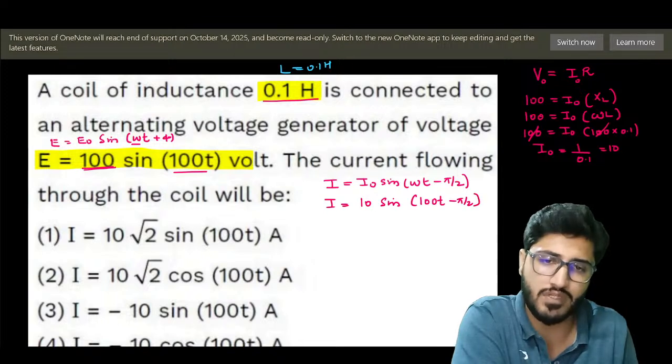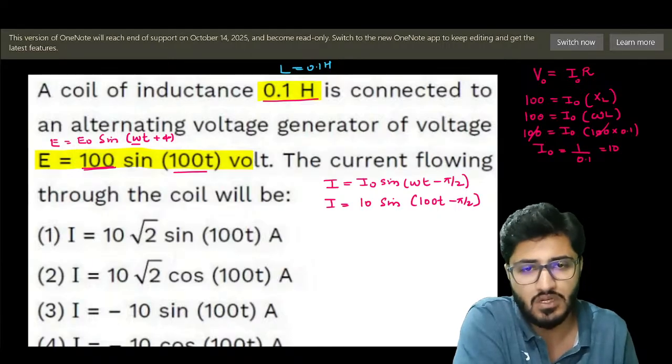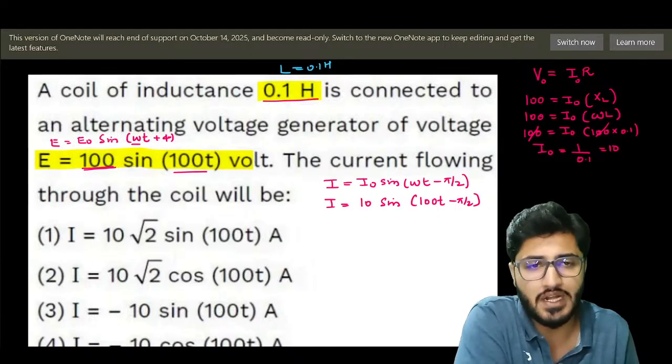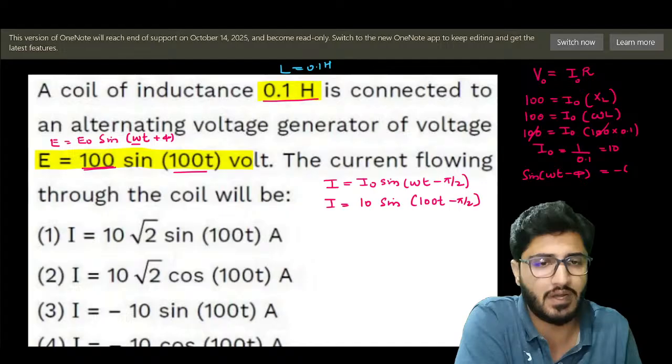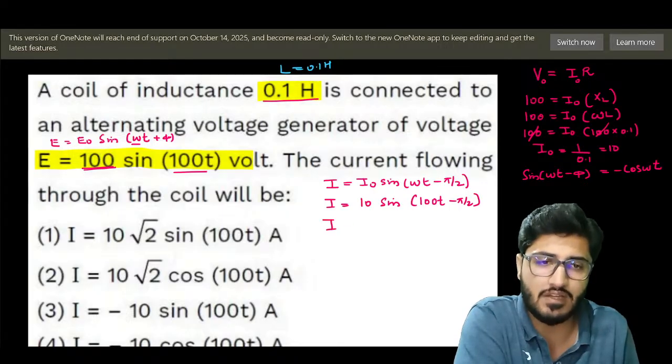Is there any option about this one? 100t minus... no. So look now. I can also write it as, we know that sine omega t minus phi equals minus cos omega t. So I will write this equation as I equals minus I naught cos 100t.